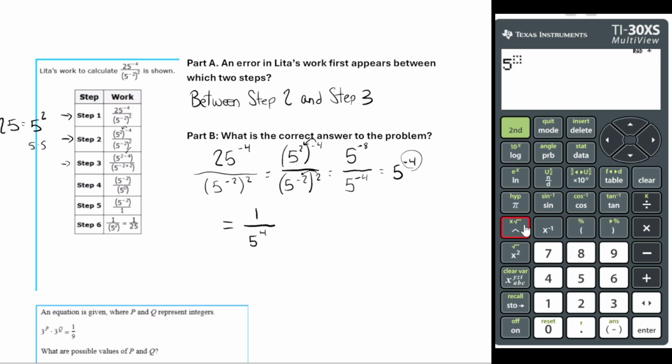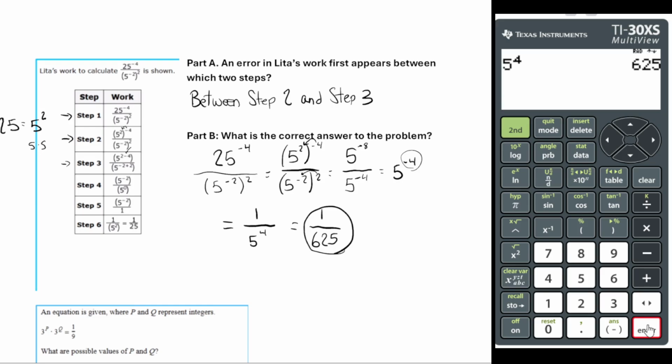Depending on what calculator you're using, it'll either put it into the exponent area like this, or it'll put just that up arrow. Either way is fine. Put in your exponent of 4 and hit enter. And you get 625. So the actual answer is 1 over 625. And that is your answer.